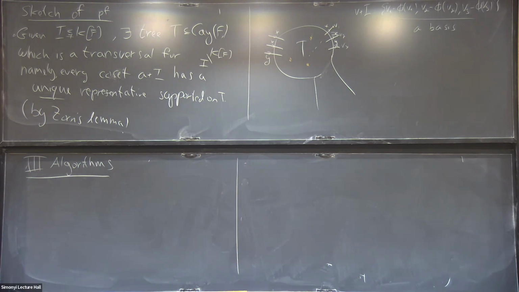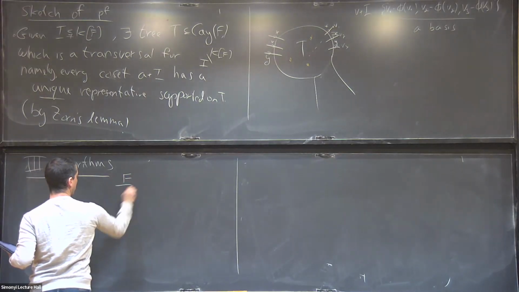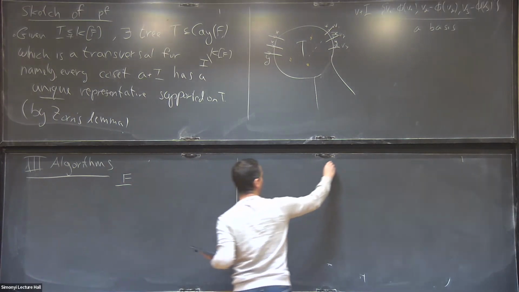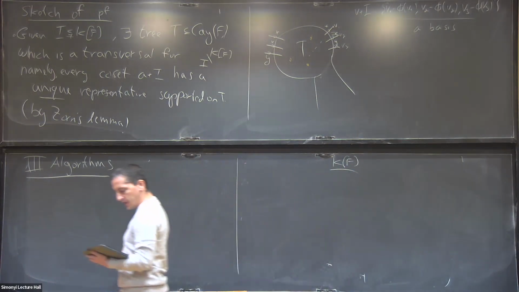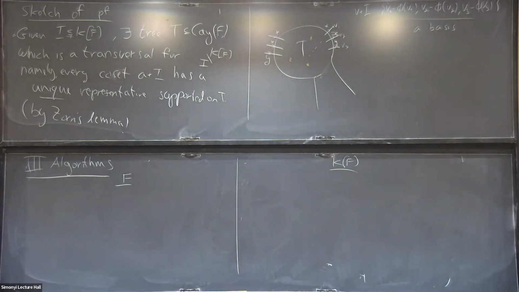For free groups, there are many algorithms to do all kinds of stuff. So perhaps I'll make a table here. Let me mention some basic algorithms that we have for free groups.